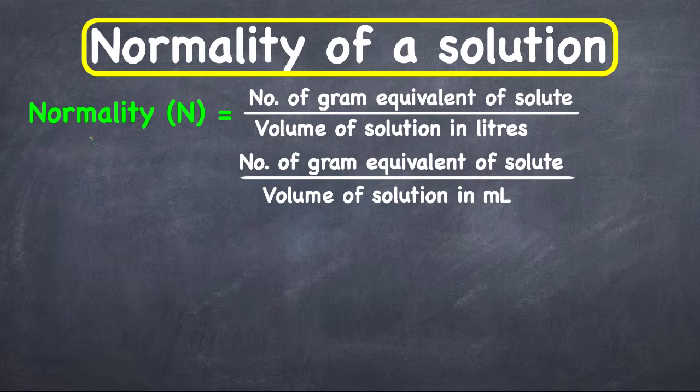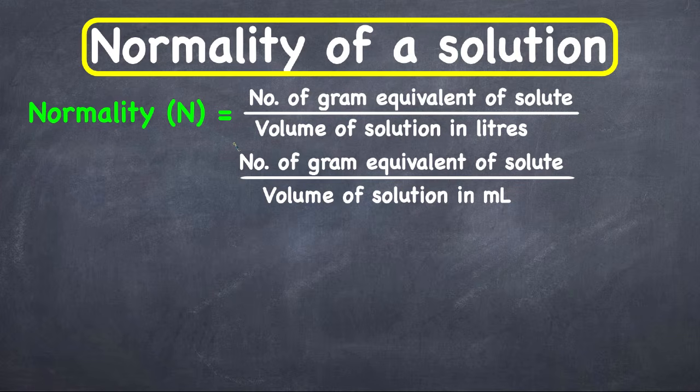Hello everyone, in this video I'm gonna go over a unit of concentration of solution known as normality. The normality of a solution is the number of gram equivalents of the solute dissolved per liter of the solution.